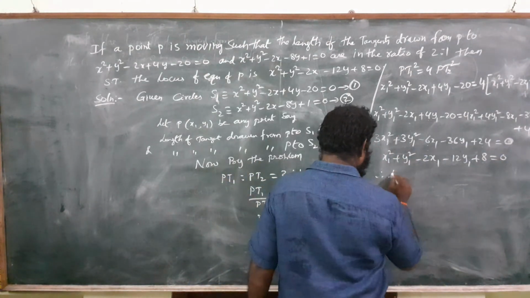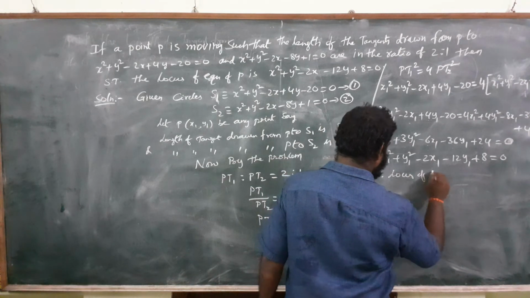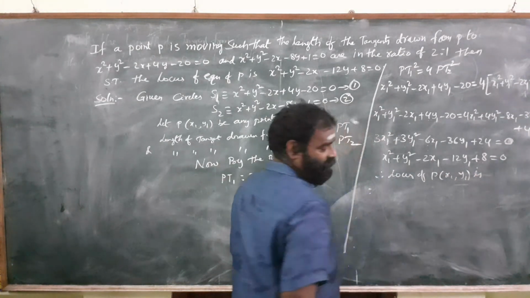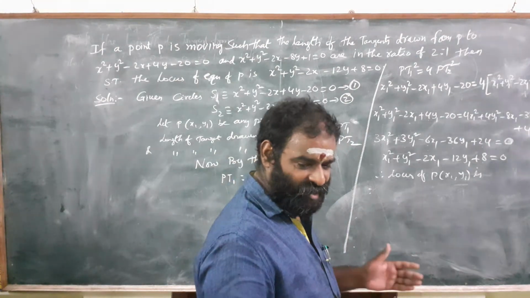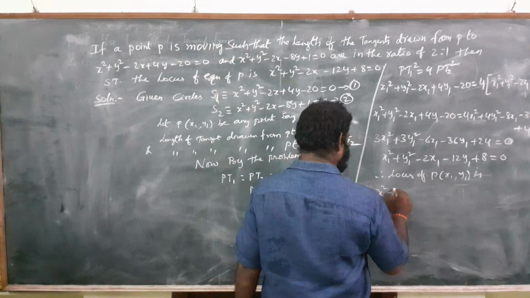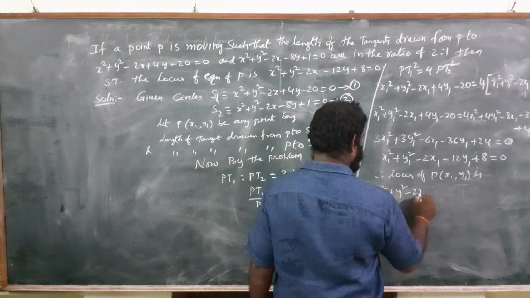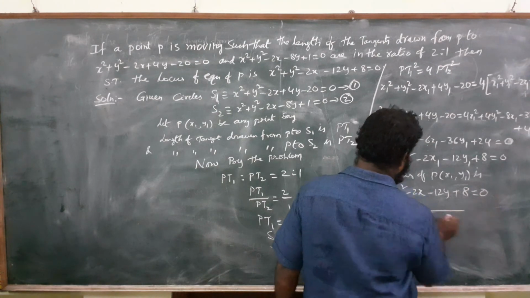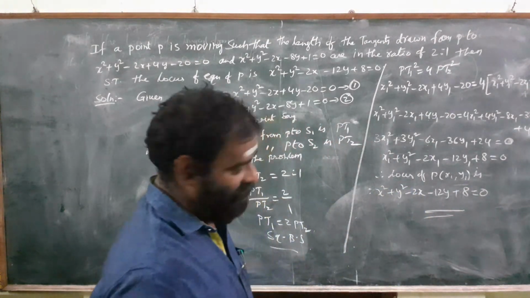Therefore, for the locus of P(x1, y1), in place of x1, y1 we write the general x and y. Then we get x square plus y square minus 2x minus 12y plus 8 equal to 0. This is the locus. Understand or not?